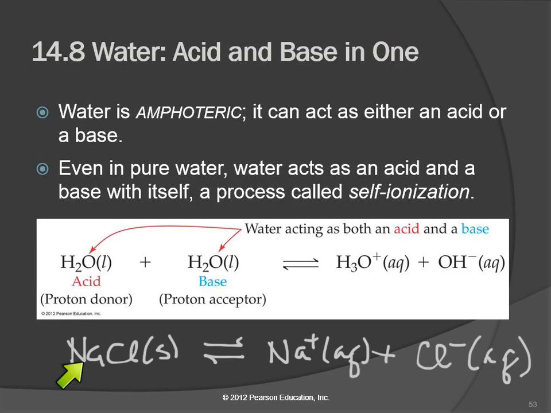So with an ionic compound like this dissolving, where there's one cation and one anion, it's a 1-to-1 ratio, the number of sodium ions is always going to be equal to the number of chloride ions because they came in pairs. And the same thing is going on here. Two water molecules, one's going to act as an acid, one acts as a base. You're going to get equal numbers of hydronium and hydroxide ions.